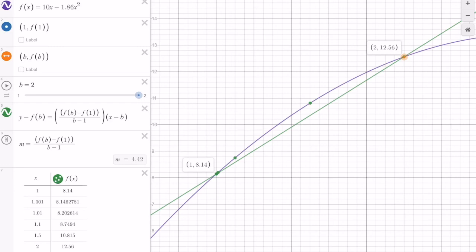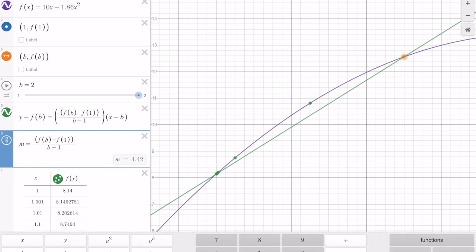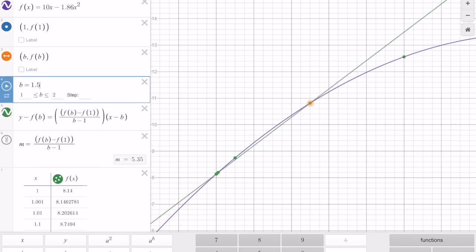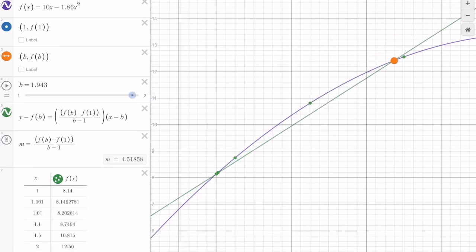So right here, I created a formula to calculate the slope quickly. You guys don't have to know how to do that. But it came out to 4.42. Now, then I went from 1 to 2 to 1 to 1.5. So pretty much that point got closer.